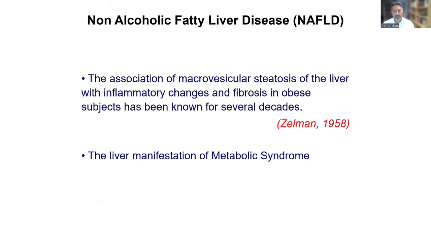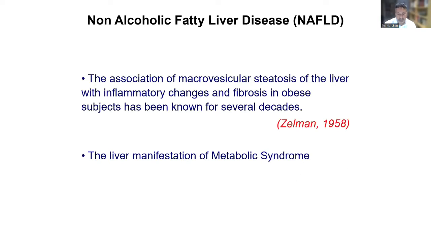So let's talk a little bit about NAFLD, non-alcoholic fatty liver disease, first. NAFLD is the association of steatosis, macrovesicular steatosis, so fat in the liver, which can lead to inflammatory changes and fibrosis, in particular in people who are overweight. And this has been known for several decades.